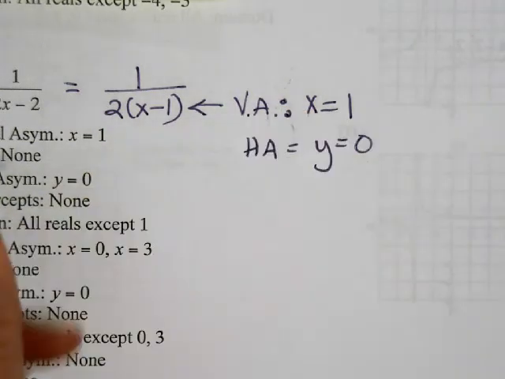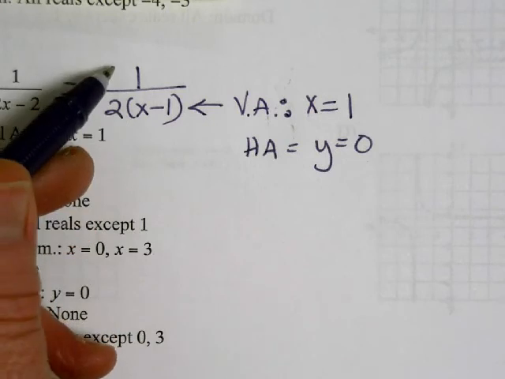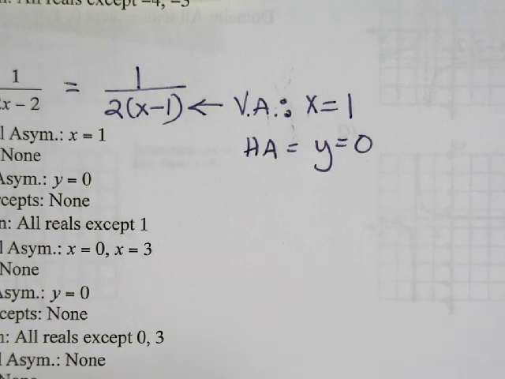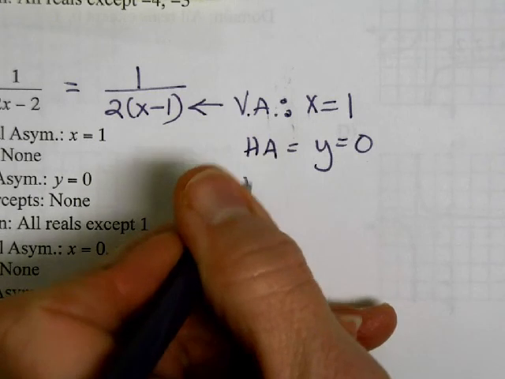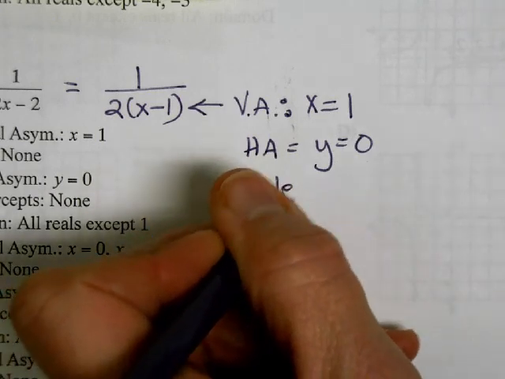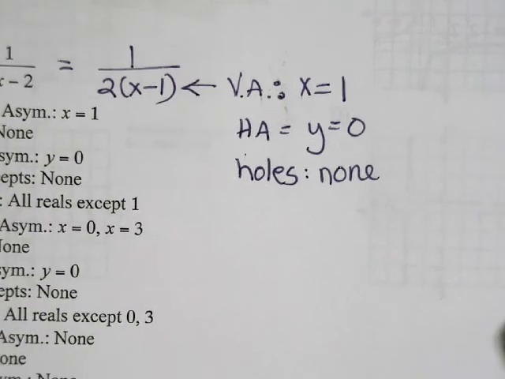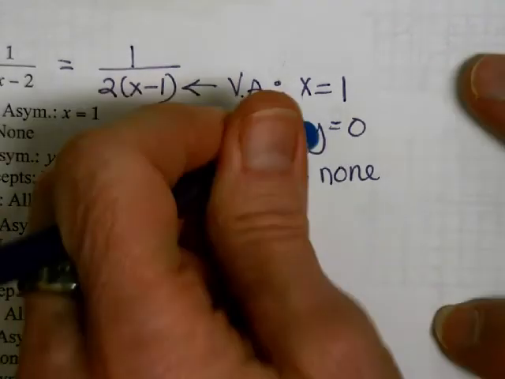The horizontal asymptote is y equals 0 because the power of 1 is higher than the power of 0, because the x that isn't there is really x to the 0 power. I'll go ahead and write the holes are none.